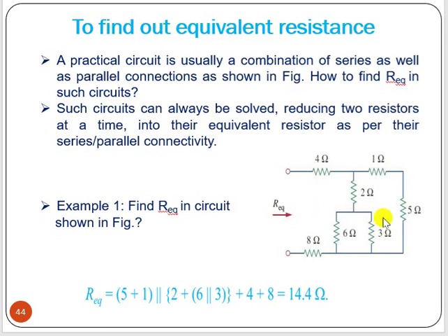Here 6 and 3 in parallel are in series with 2. So this is this part, and this second bracket is this part. Now this part is parallel with this part, then in series with this 4 and 8.